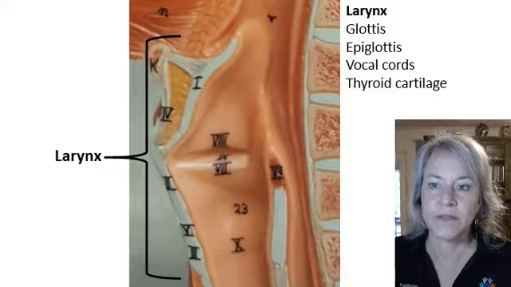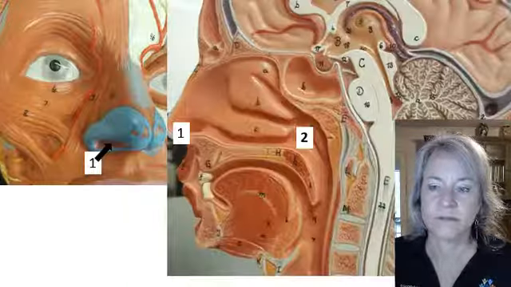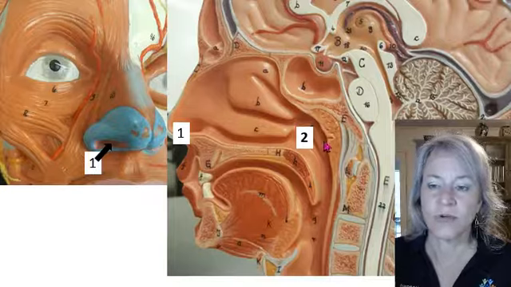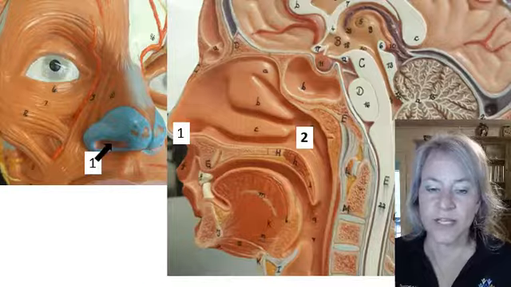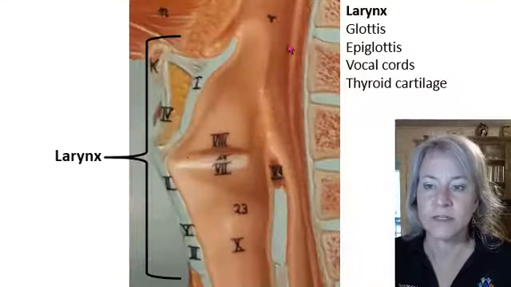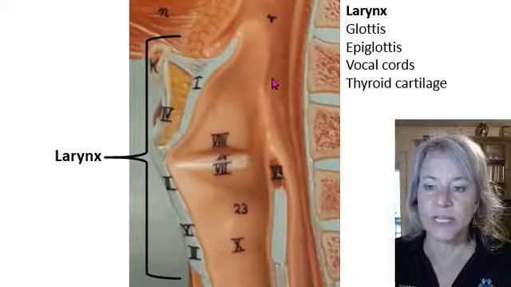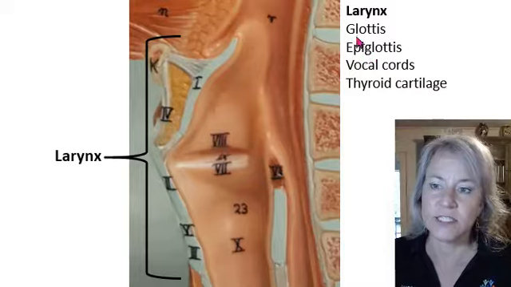From the pharynx, we go nasopharynx, oropharynx, laryngopharynx. The laryngopharynx is going to enter the larynx through this opening, which is called the glottis. So moving into the larynx, you are going to go through the glottis.